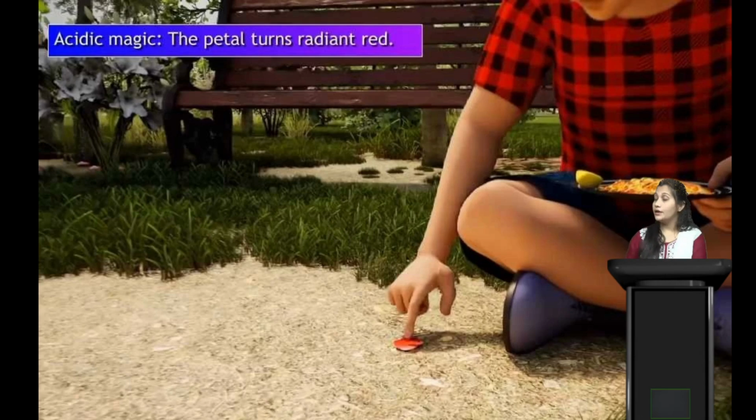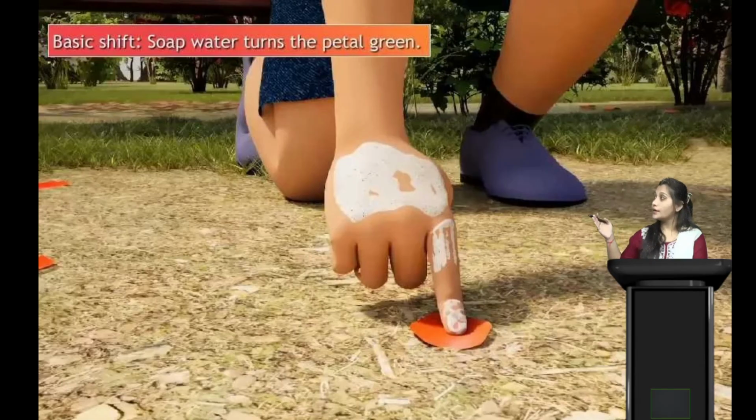Now let's see what we have. Now the boy is washing his hand after having his food. So children, you should always wash your hand before and after having your food. Now what he is doing? He is touching the rose petal with his soapy hand. And it is said that basic shift.